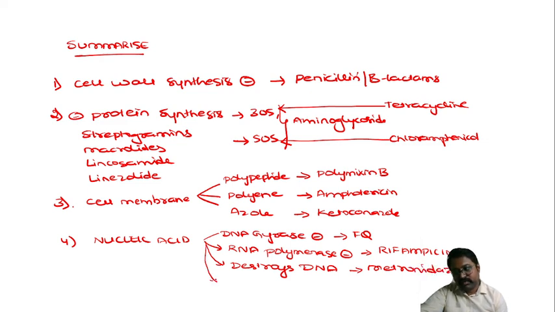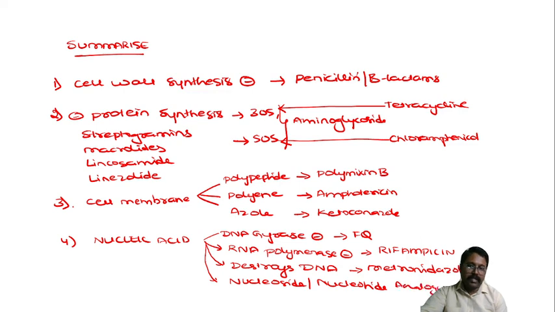The next group of drugs is the drugs which affect the nucleoside. So these are the nucleotide analogs. Then we have the fifth group of drugs which cause folate synthesis inhibition. Folate inhibitors.